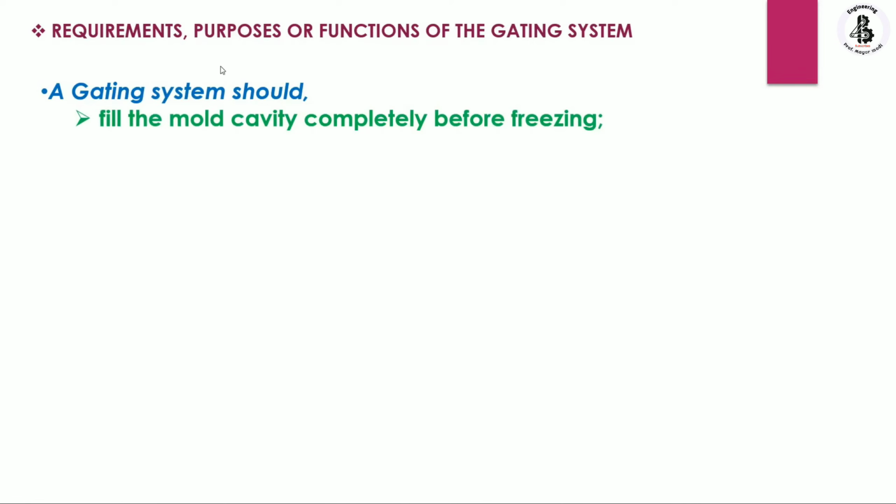Then the basic requirements, purposes, or different functions of the gating systems. Let's see. A gating system should fill the mold cavity completely before freezing. That ensurance is given by the riser. If you find the molten metal at the riser, it gives 100% ensurance about the complete filling of the cavity.